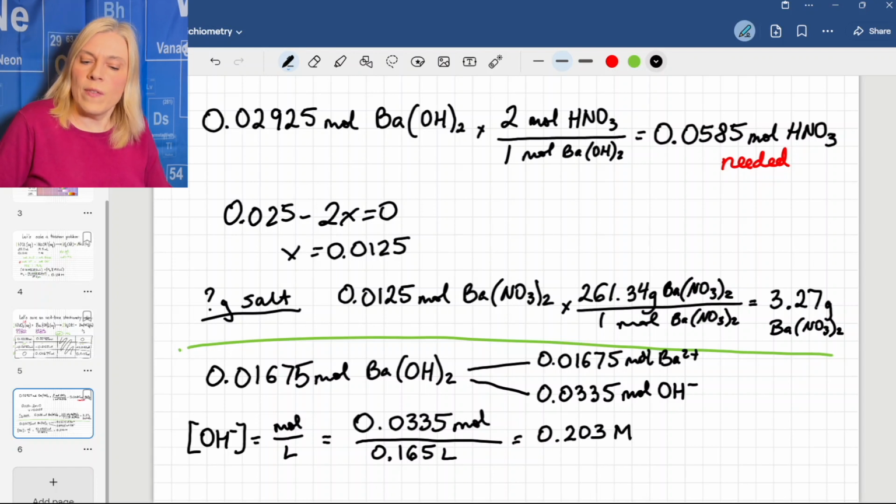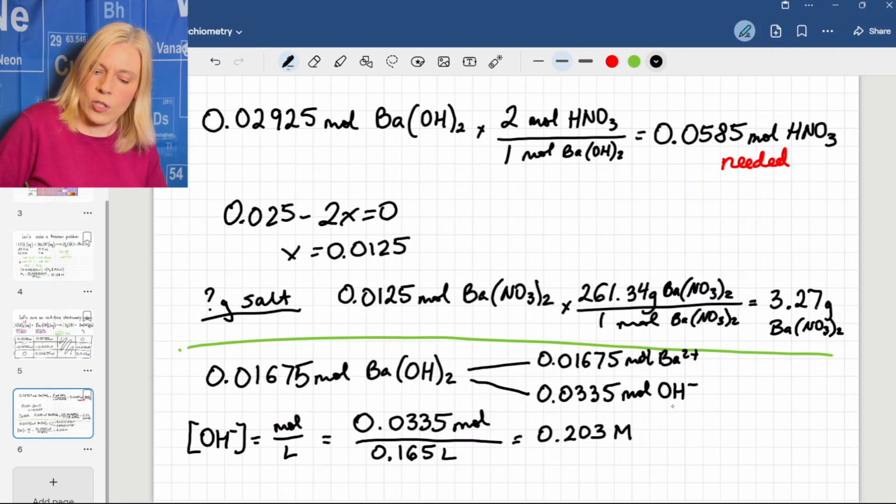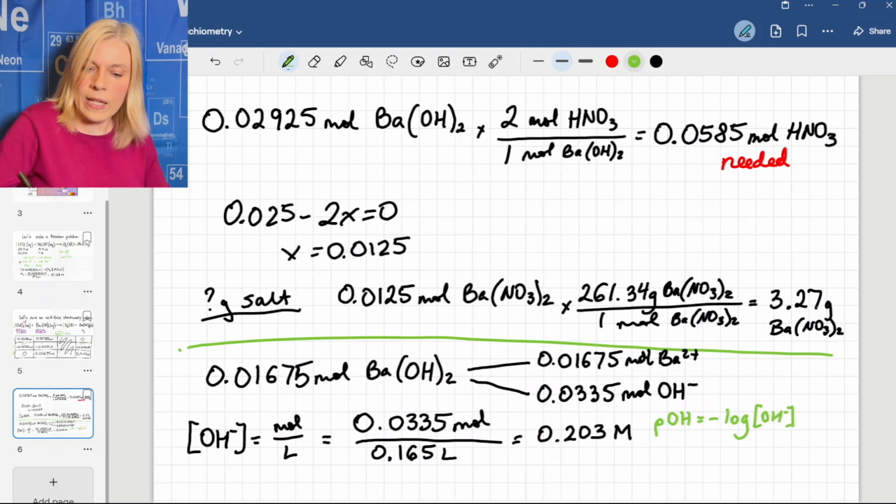Now, if I take negative log of that, I am going to get pOH. Do you remember that? Because this is hydroxide, pOH is negative log of OH. So my pOH is, take this number, 0.69.